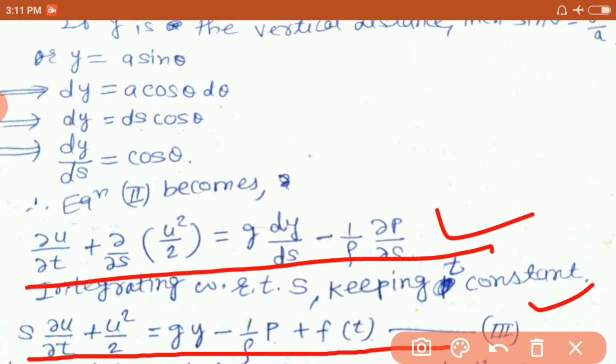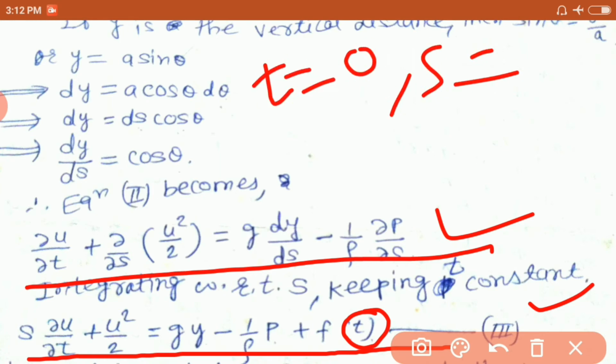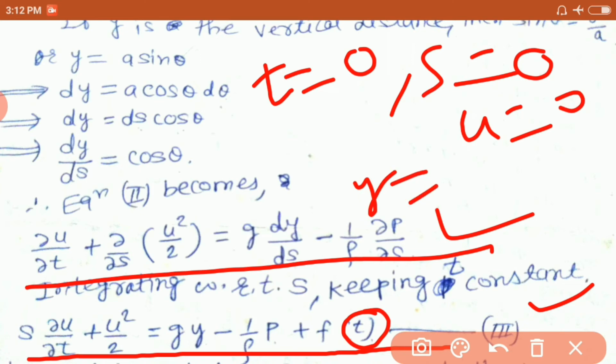therefore, initially at t equal to 0, at a we have s equal to 0, u equal to 0, y equal to 0, and p equal to pi.